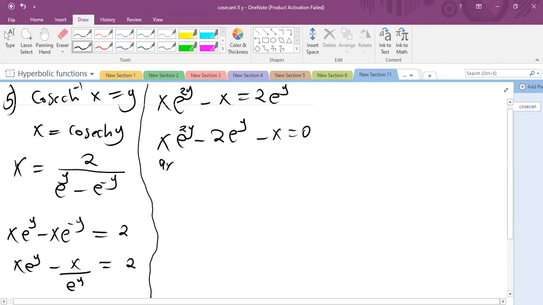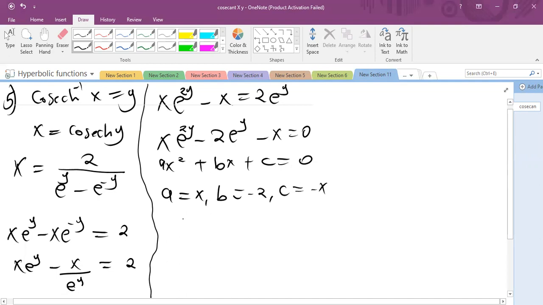So writing the standard quadratic equation besides it, ax squared plus bx plus c is equal to 0, then you can identify the coefficients. The coefficient a is x, the coefficient b is minus 2, and the coefficient c, the constant, is minus x.